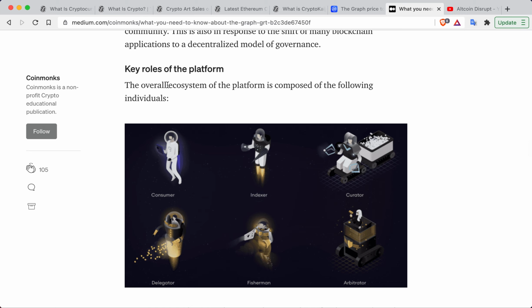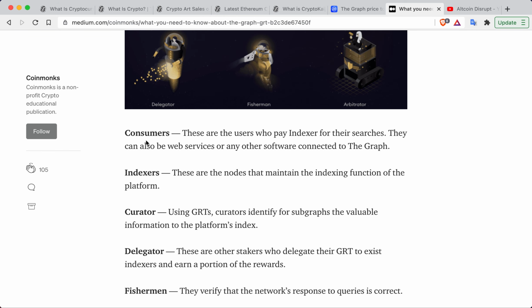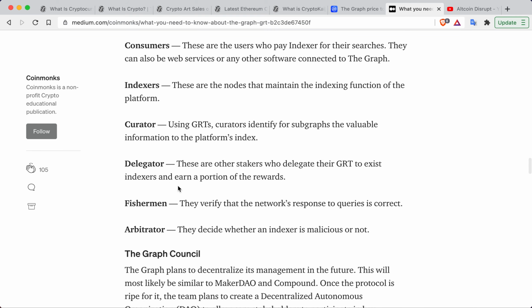So the overall ecosystem of the platform is composed of the following key roles: consumer, indexer, curator, delegator, fisherman, and arbitrator. Arbitrator is like a judge, and the list goes on. You can learn all about this, but it seems quite interesting. And there's a list of what their roles are. Like a fisherman, they verify that the network's response to a query is correct.